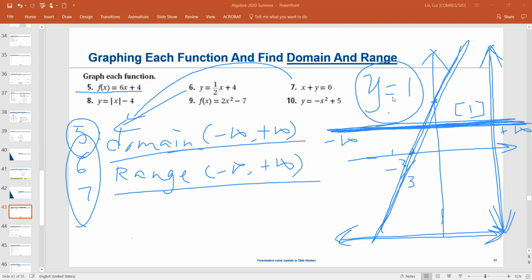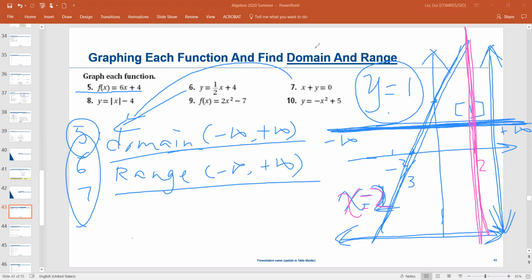So for a special case like y equals 1, this linear line is different. Similarly for x, say x equals 2. Let me use a different color. When you graph x equals 2, it's the point (2, 0), and the linear line goes like this.